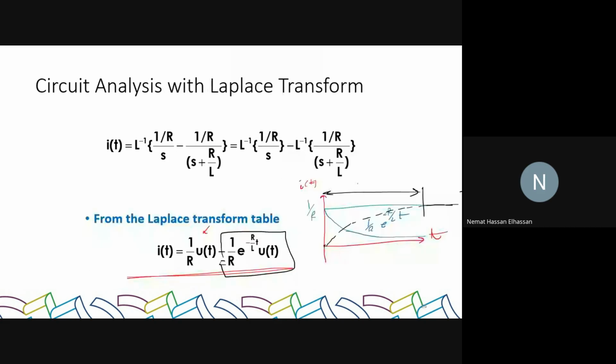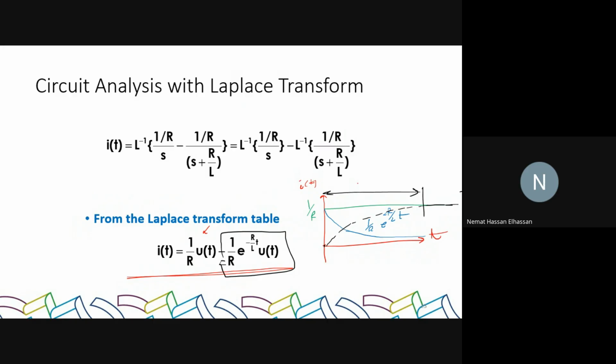And what is the final steady state value? A constant, right? Your input was a constant value. Your output is a constant value. So we call this the forced response. Which means you have to follow whatever the input is. You cannot come up with something new, right?